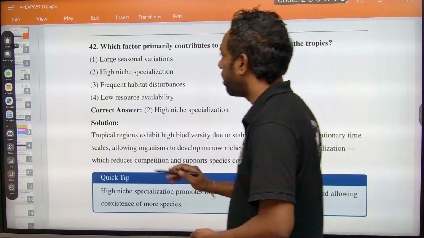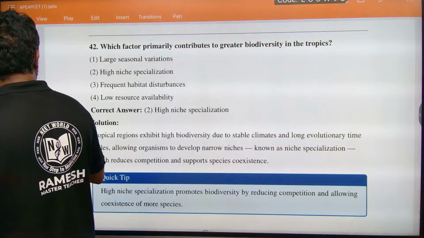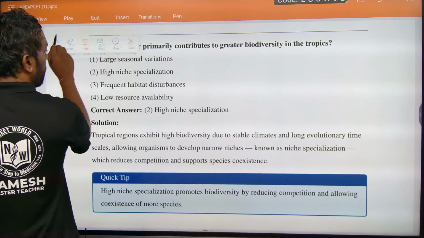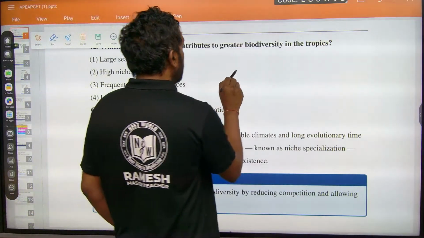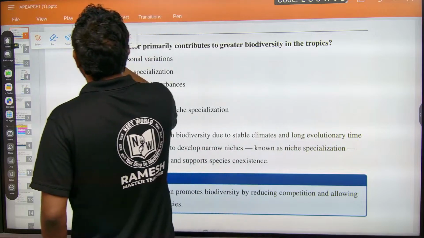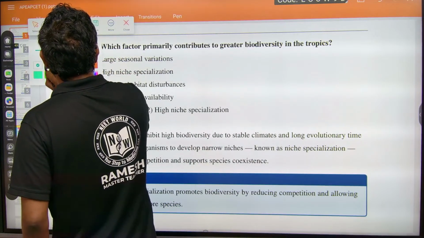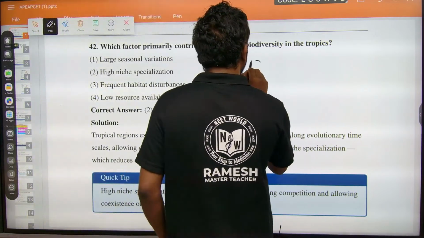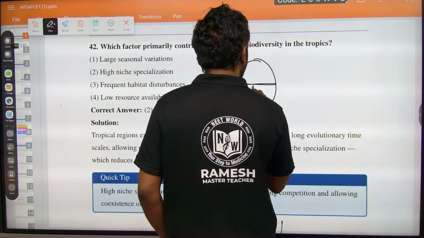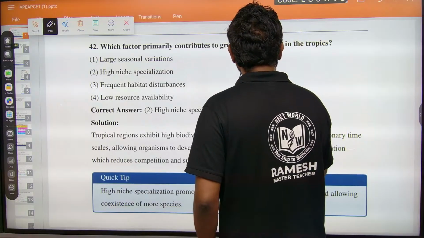You know the tropical region, right? This is the equatorial region.